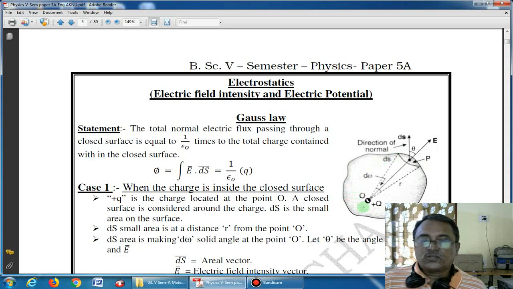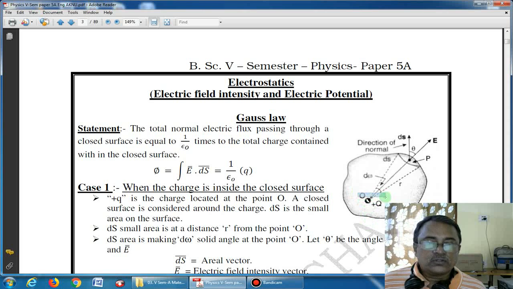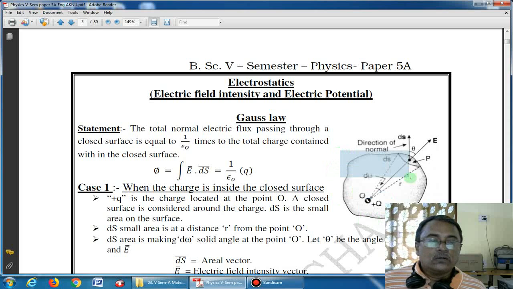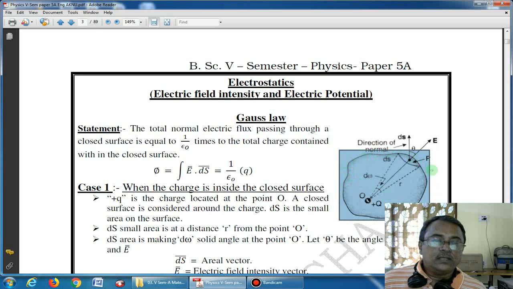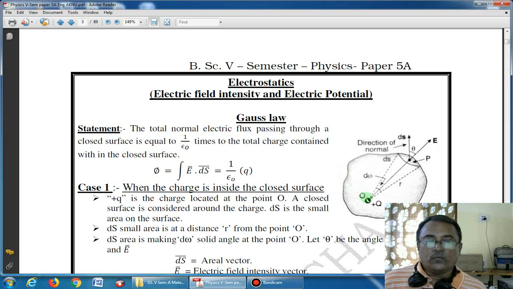So, first I will go through the first case, that is, if the charge plus q is placed within the closed surface, and this is the closed surface and this plus q is the charge placed within the closed surface, that is at a point O.